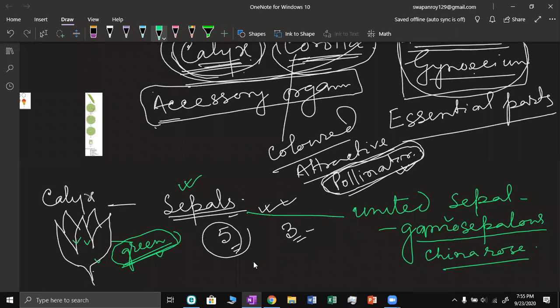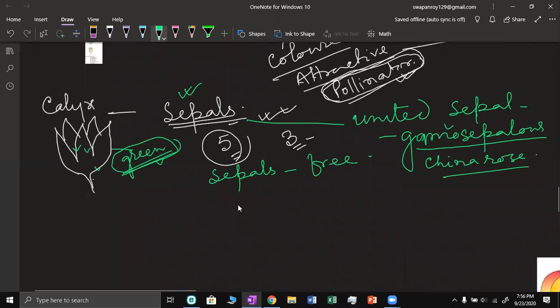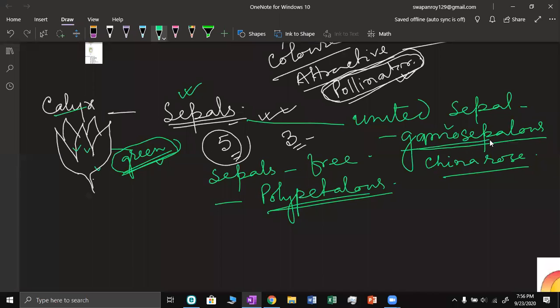But in many cases, the sepals are free from each other, and when they are free from each other, we call them polysepalous. So calyx can be gamosepalous or polysepalous.